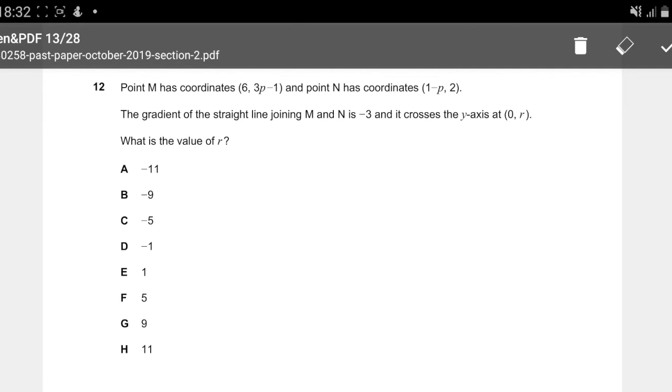So I'm going to be using the equation y equals mx plus c. Some people prefer to use the other equation. I find this one the easiest. You can essentially do whatever you want. The outcome is still going to be the same.